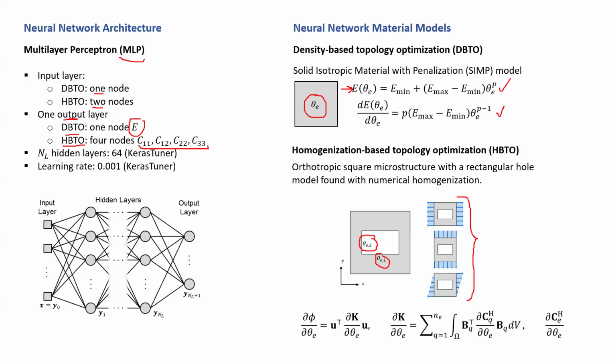And that allows us to calculate the derivative of the objective function, and the objective function that we are using in this paper is the traditional compliance. So in order to obtain this derivative, we have to find out what is the partial derivative of the stiffness tensor with respect to the design variables. And this derivative depends on the derivative of the elastic coefficients with respect to the design variables.